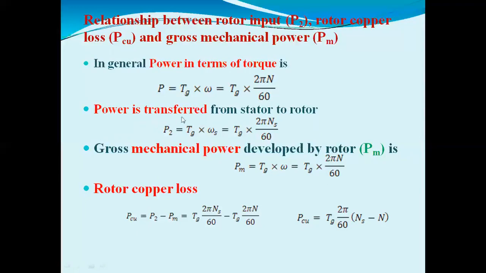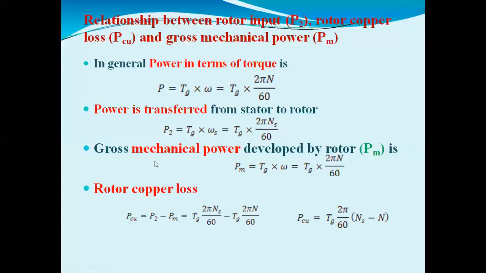So the power that is transferred from stator to rotor, P2, is TG into omega s, that is TG into 2 pi Ns by 60. Here it is omega s because it is transferred from stator to rotor, and the speed of the rotating magnetic field at the rotor is the synchronous speed. So power is generally torque multiplied by the angular speed.